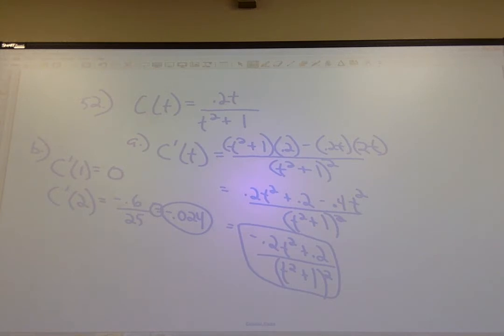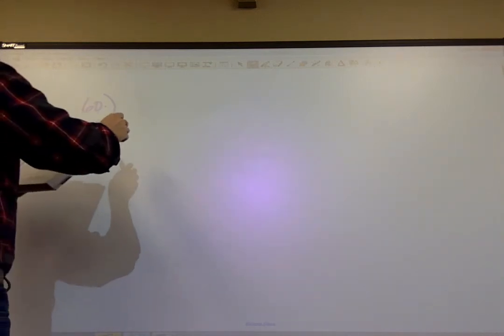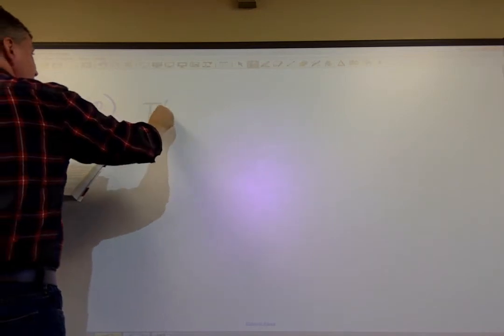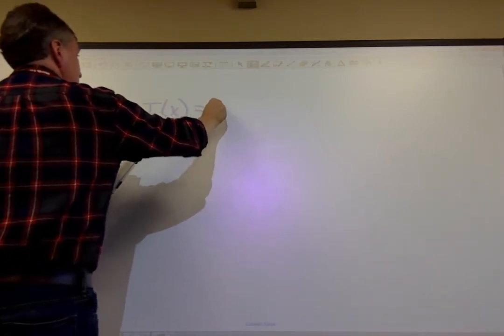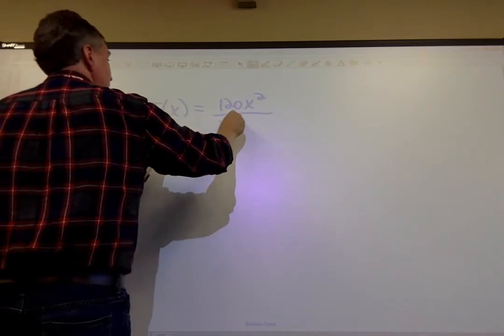Are these questions too bad? If you know your quotient rule, it's not, is it? Okay. 60 is the last one in this section, I think. 60 says, the total worldwide box office receipts for a long-running movie are given by this function, T of x, 120 x squared over x squared plus 4.